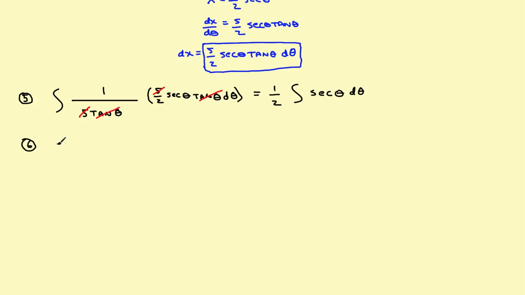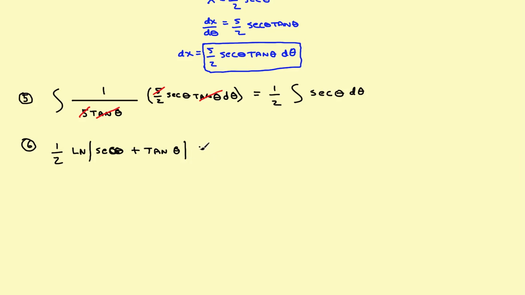Now that you've got the constant 1/2, just a reminder, the integral of the secant of theta, you may have to look back in your rules to remember this one, but the integral of the secant is equal to the natural log of the secant theta plus the tangent theta.